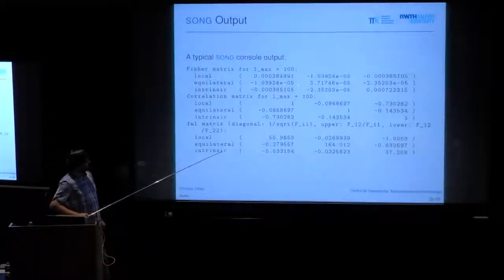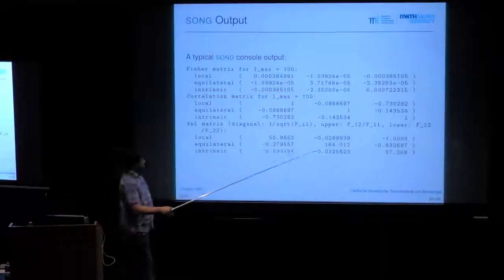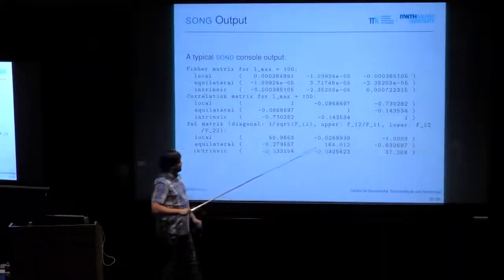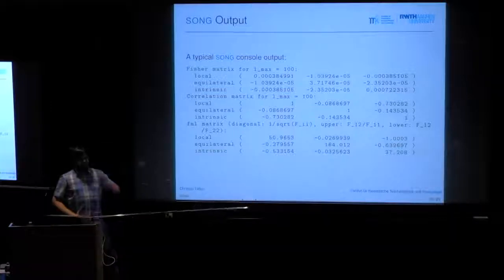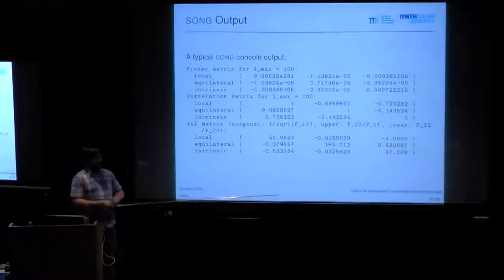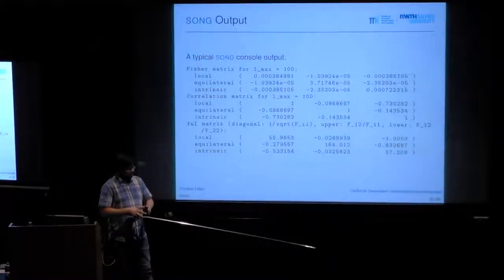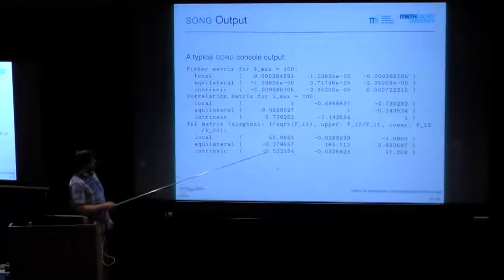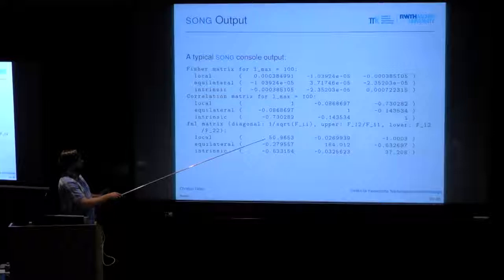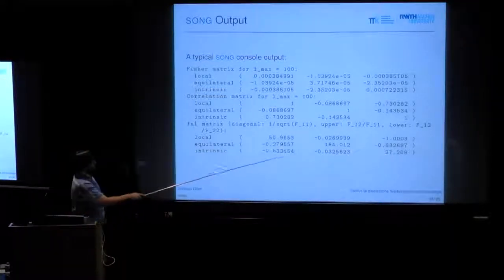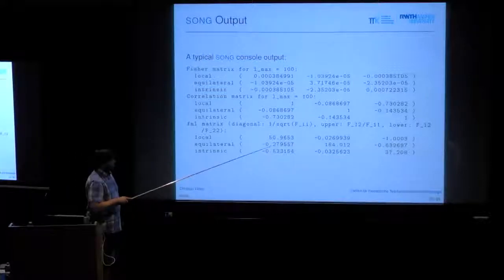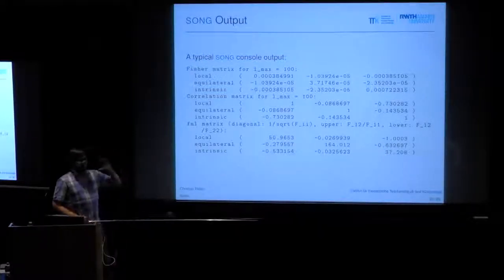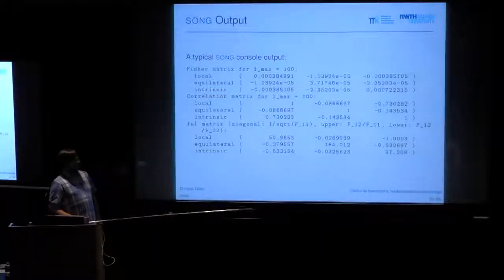So for example, let's go to the lowest row here, which is the intrinsic row. This means if I have a bispectrum in which there is an intrinsic bispectrum imprinted in it. So let's say I have an intrinsic bispectrum, but now what I do is I look at my data and I search for a local bispectrum. This is this row here. So intrinsic cross local is exactly: I have an intrinsic bispectrum, but I'm searching in my experiment for a local bispectrum.